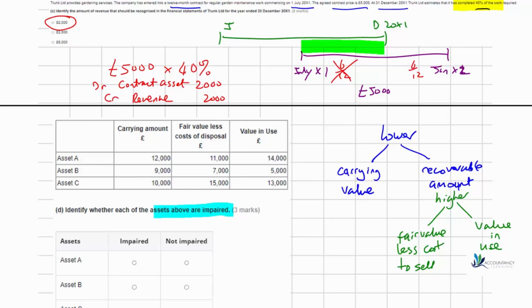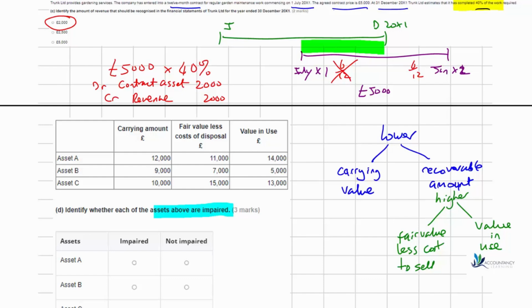So let's understand what we're talking about here before we start putting some numbers in. So we have this asset which is possibly damaged, and so we've got the carrying amount, that's the number we have in the accounts at the moment, but we need to understand how much could we earn from this asset. Remember, the definition of an asset is that we have some economic benefit of holding it.